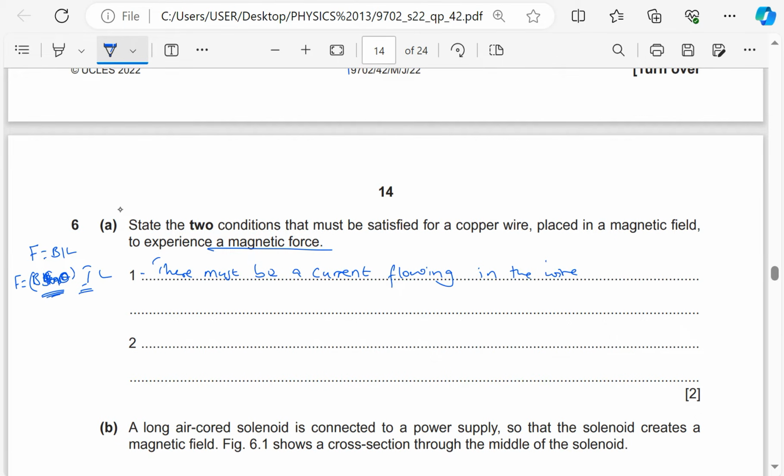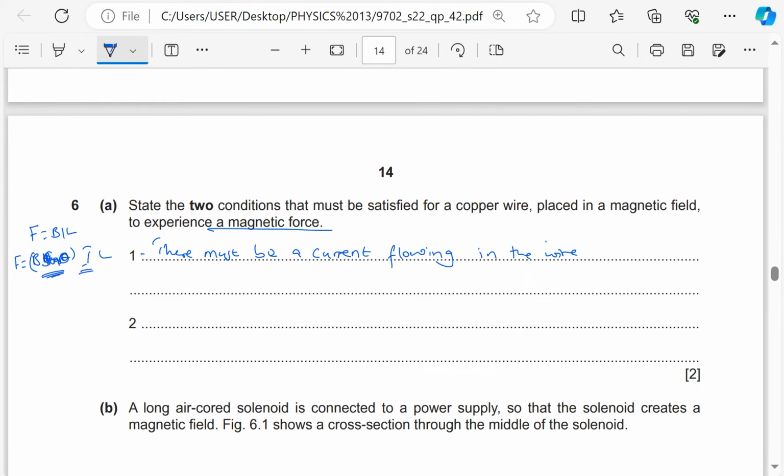Number two, the angle between the wire and the magnetic field must not be 0.